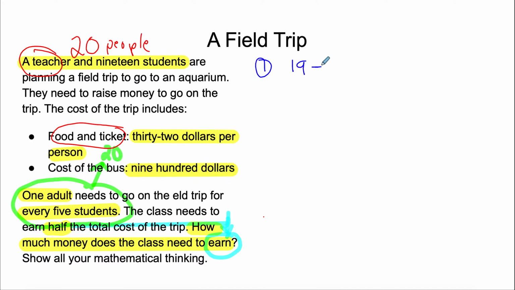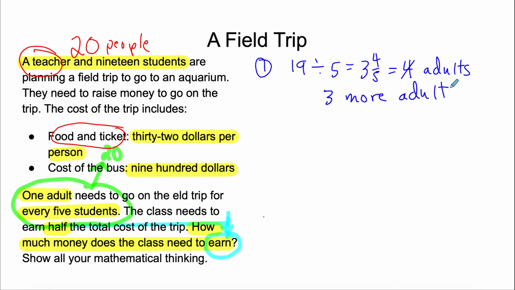I do my 19 divided by 5, which comes out to 3 4/5, which means I know I need 4 adults. I have 1 adult in the teacher, so I need 3 more adults. So I need 23 people altogether.